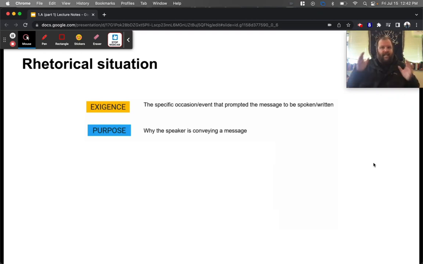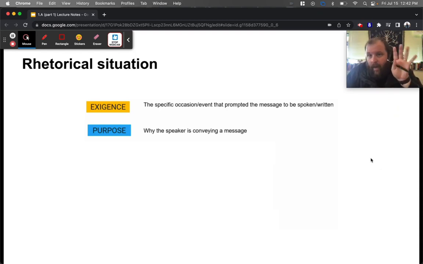Purpose is more like, tangibly, what am I trying to do now that I'm speaking, now that I'm writing? Exigence is like, what made me say, hey, hold that conversation, I want to make a quick speech? What made me hit the glass? That's the way I tell my students: what made someone tap the glass with their knife and make the speech in the first place.